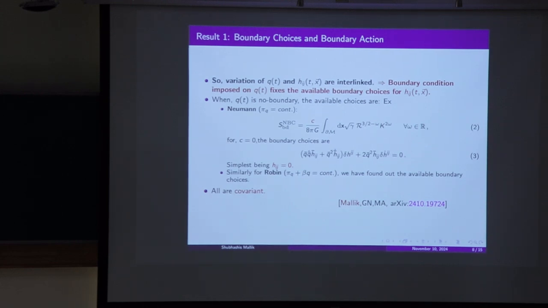Similarly for Robin, one can figure out what the appropriate surface terms are that need to be added to Einstein-Hilbert to ensure proper variation, and what boundary choices are available for fluctuations. And all are covariant surface terms. These are all covariant because this R is 3-dimensional, H is a scalar, and K is the 3-dimensional curvature tensor on the hypersurface.